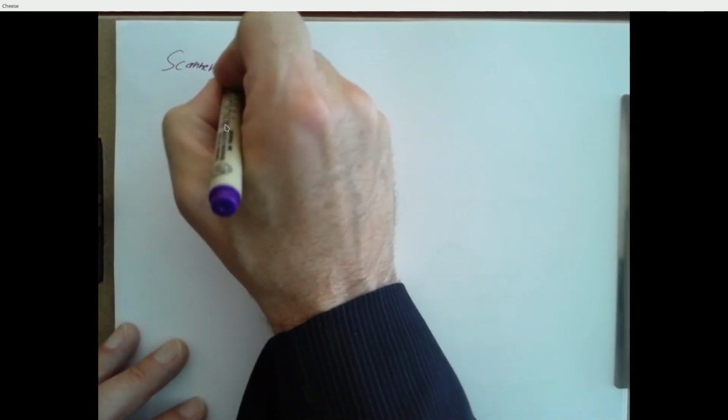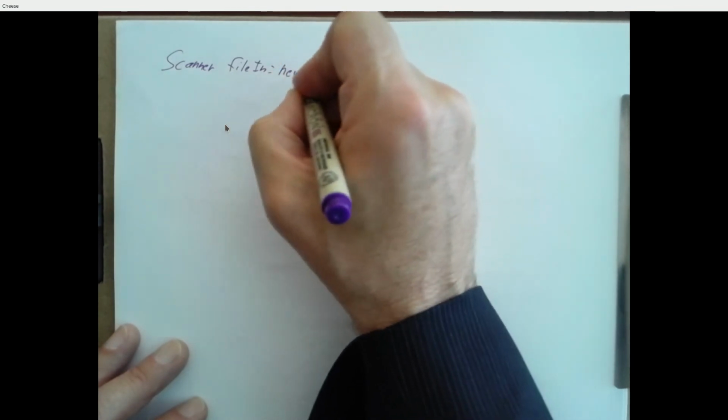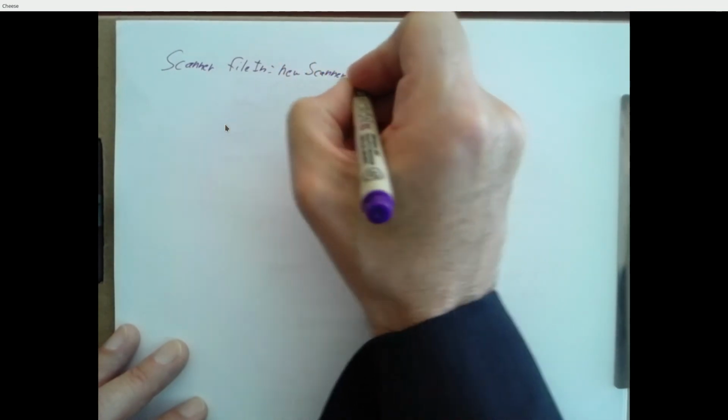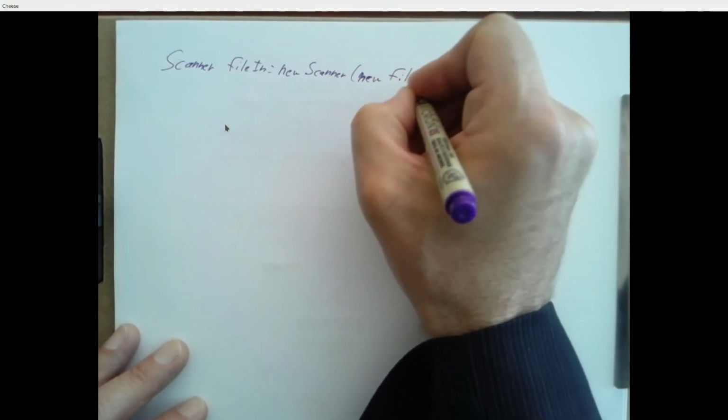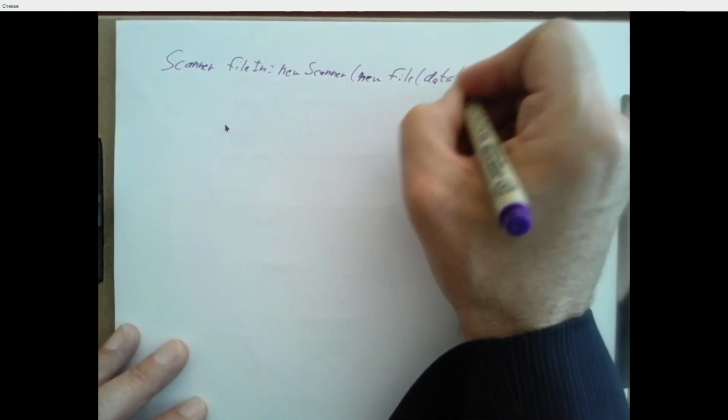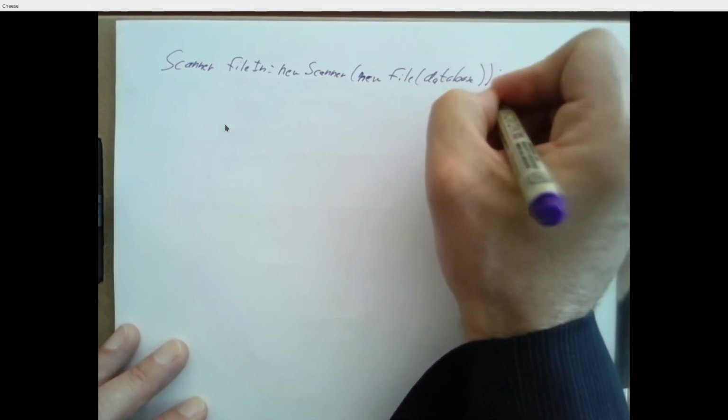So when you want to read from a file, you can say something like Scanner. Create a new file object with the path to the file you want to read.